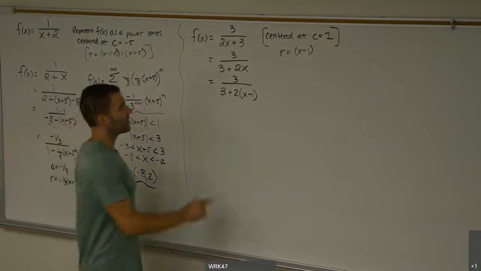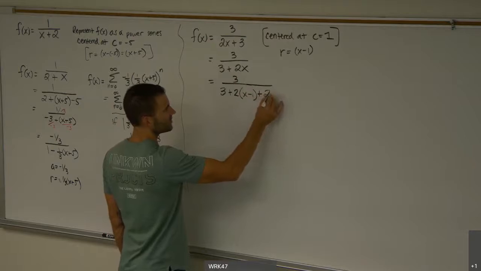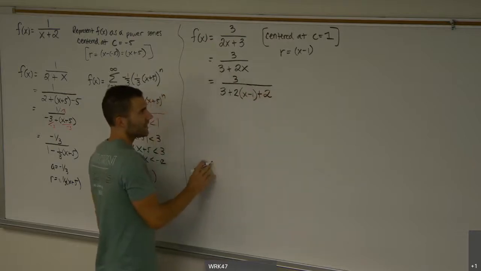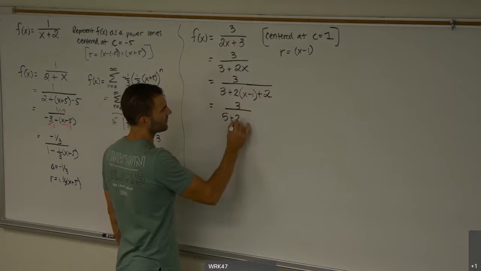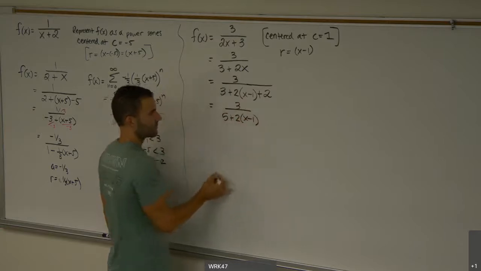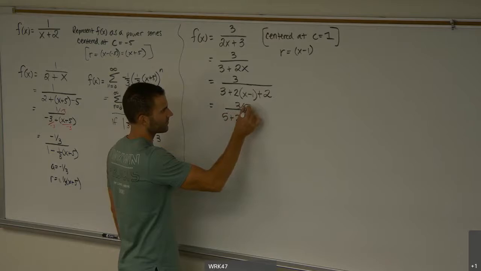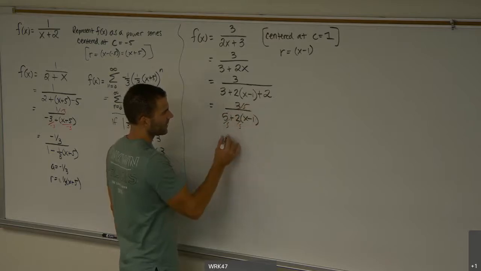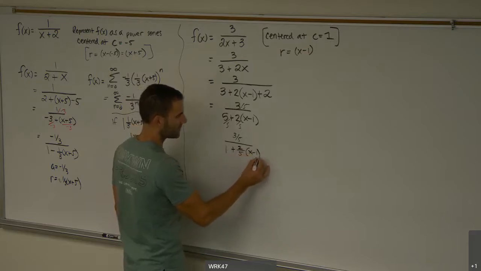In doing so, we have a 2x and we have now a minus 2, so I need a plus 2. I'll combine that with the 3 to get 5. I need to make this a 1, so I divide everything by 5. And we get 3/5 over 1 plus 2/5 (x minus 1).